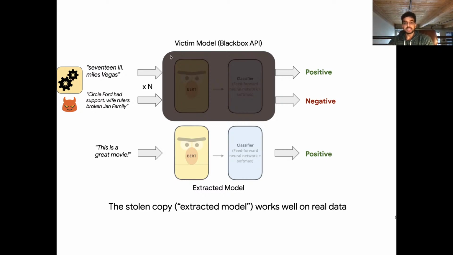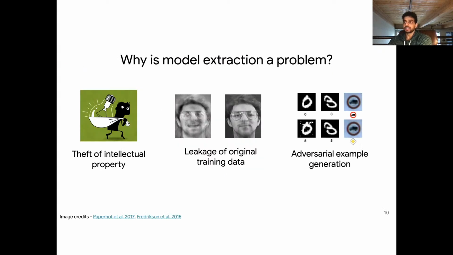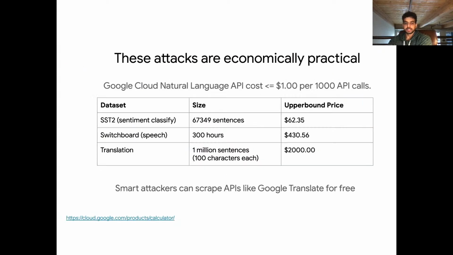In fact, if your victim model is some really, really huge scale model, even if your extracted model is smaller, it seems to work even better than if both the architectures were matched. So there are some very interesting results here, which are kind of favorable from the attacker's point of view, right? They don't even have to know what the underlying black box model looks like.